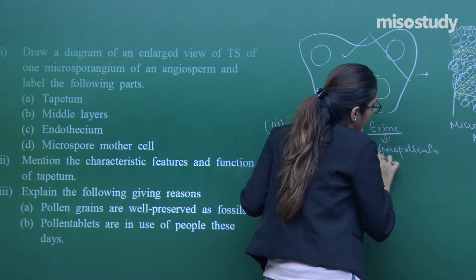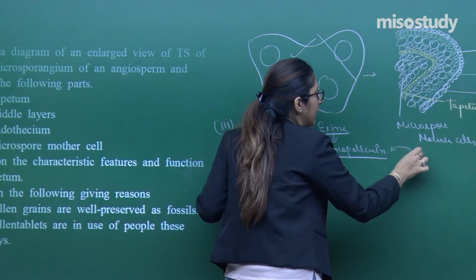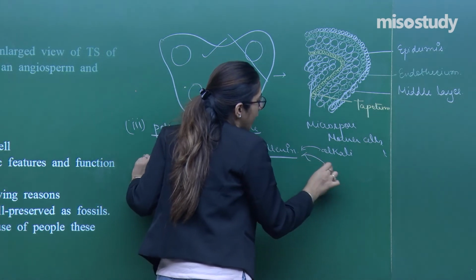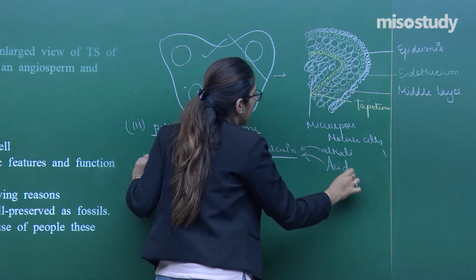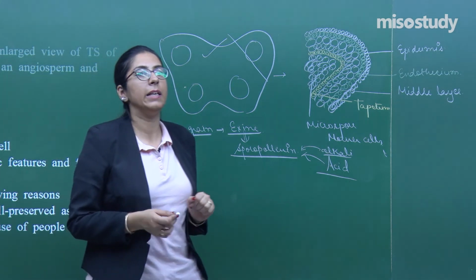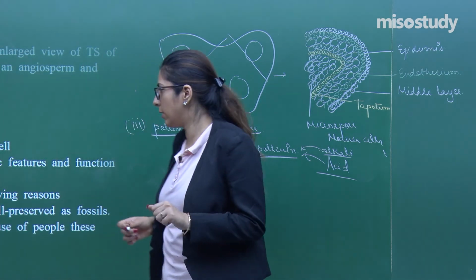Irrespective of the action of alkali or any kind of acid, nothing happens to these pollen grains. So they can be easily preserved as fossils.